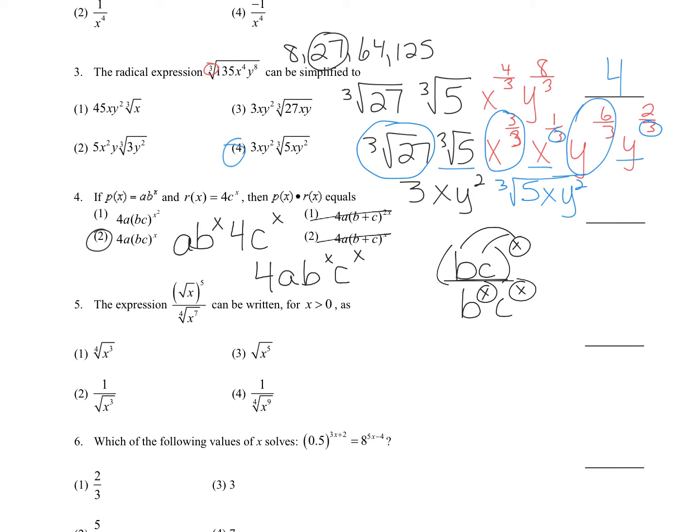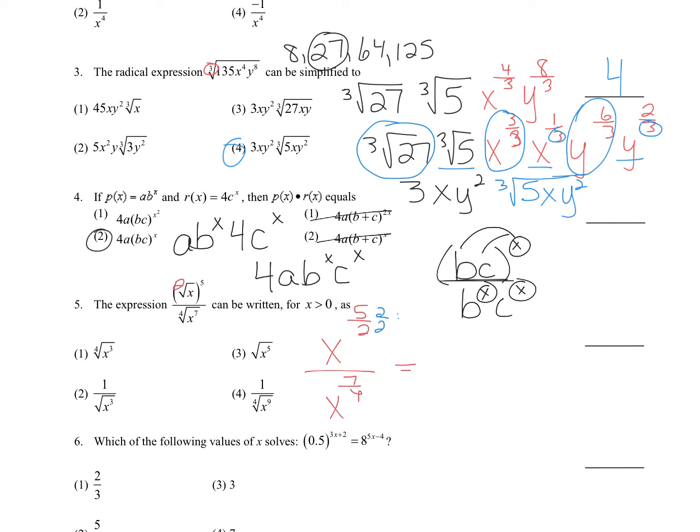The next one, we have our roots, but we also see we have division, and that means we can subtract the exponents, but first we have to write things as exponents. So this is going to be written, the power is 5, the root is 2 for the numerator, and the power is 7, the root is 4 for the denominator. So now when I subtract the exponents, I could just do 5/2 minus 7/4 on my calculator.